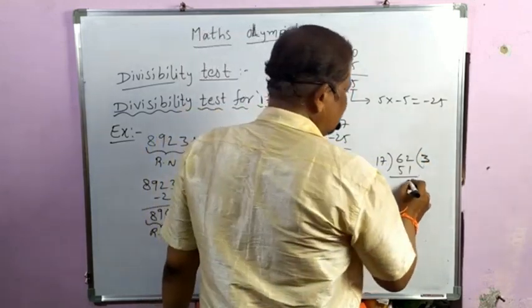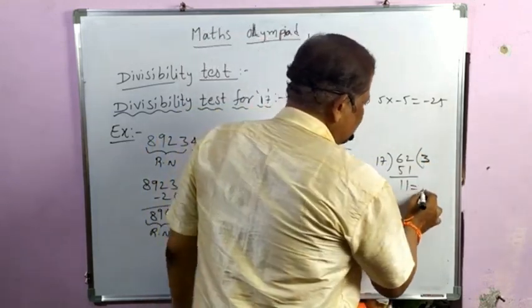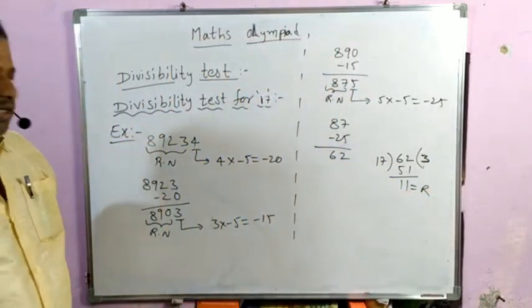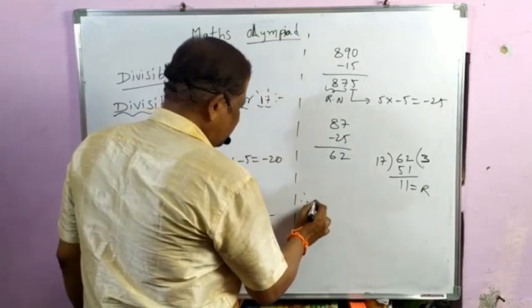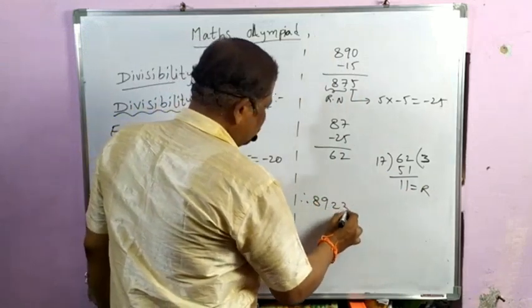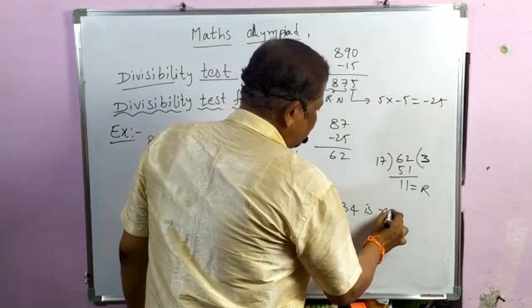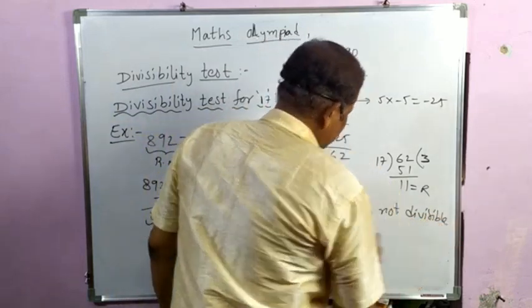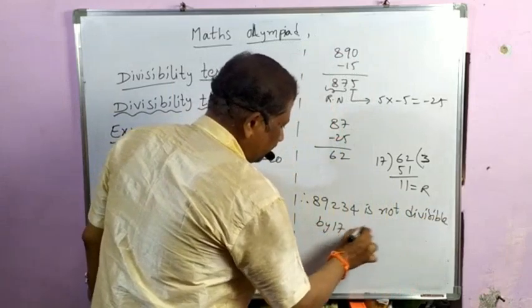So the remainder is 11, and 11 is not divisible by 17. Therefore, the given number is also not divisible by 17. Therefore, 8, 9, 2, 3, 4 is not divisible by 17.